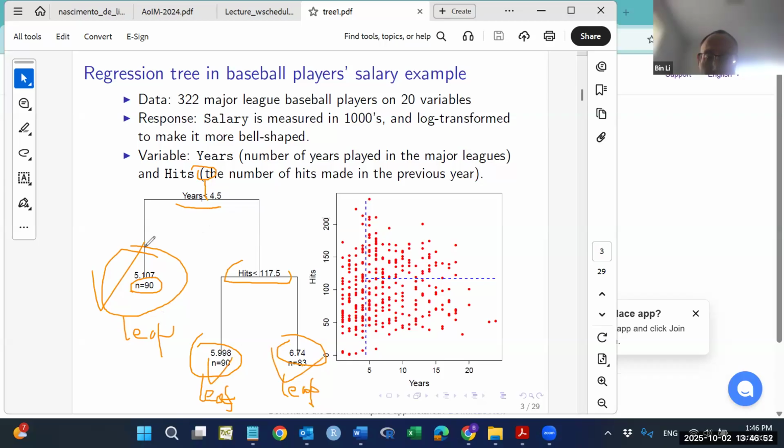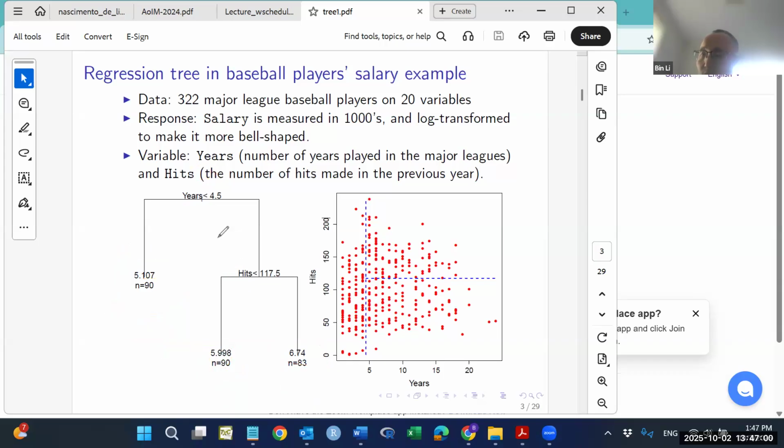So what you can see is a very simple and intuitive interpretation. The main factor that determines the pay is the number of years that the player plays in the major league. So 4.5 seems to be a good cutoff, right? If the player plays in the major league less than 4.5 years, he has the lowest salary. If the player is a senior player, let's say plays more than 4.5 years, then that depends on the player's performance.